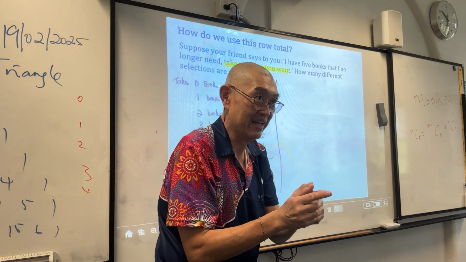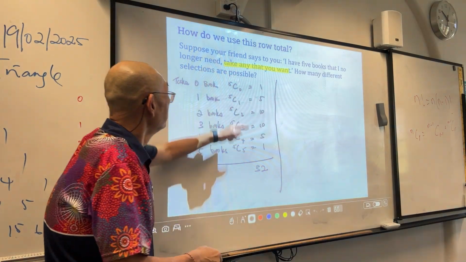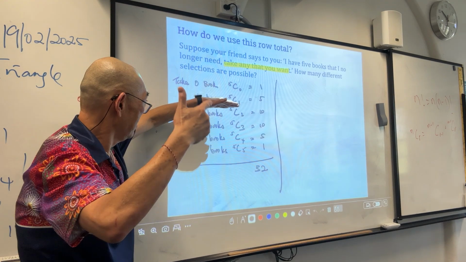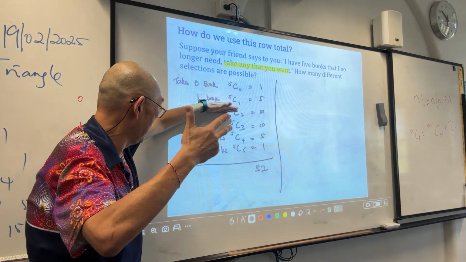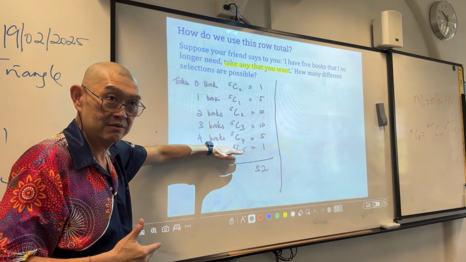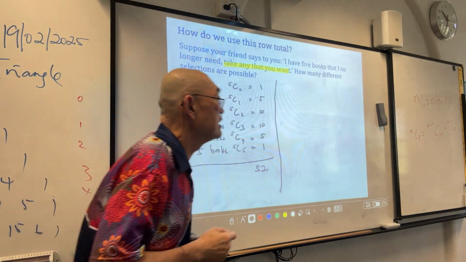Including the null set. The null set is always part of the subsets. So, null set, sets with 1 element, with 2 elements, with 3, with 4, with 5 elements.